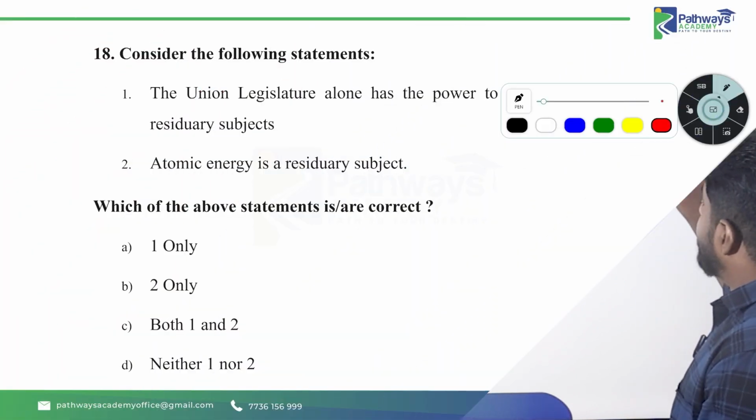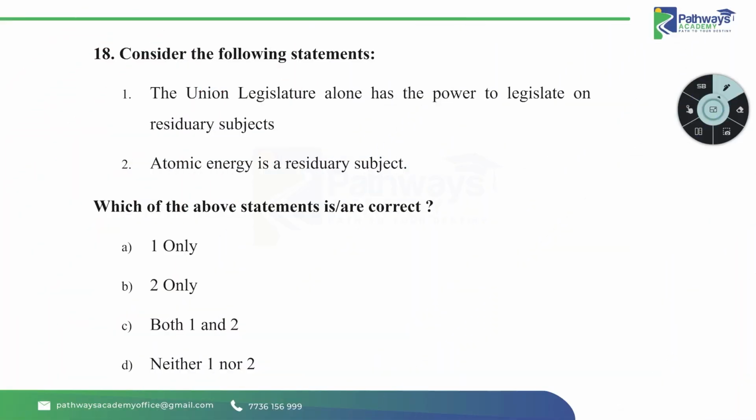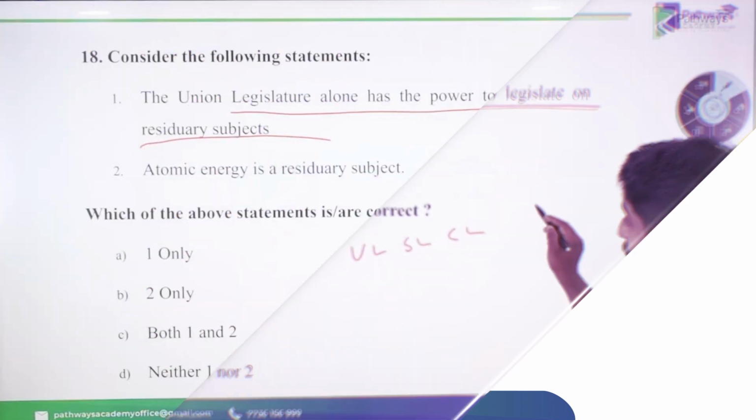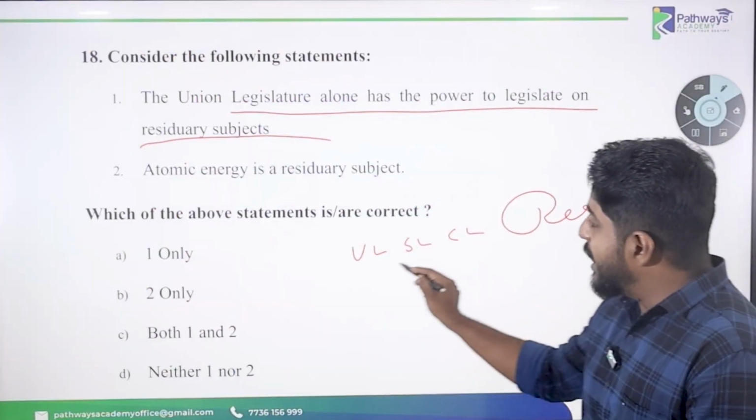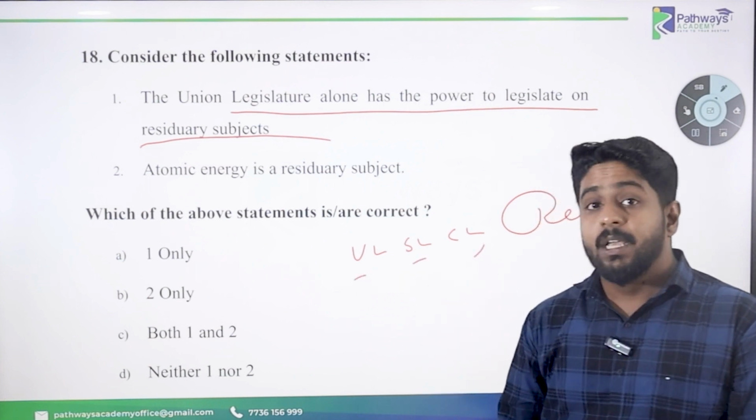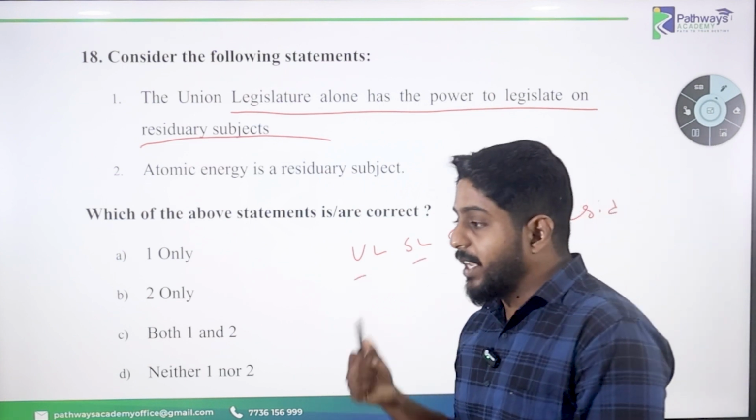The next question. Consider the following statements. The union legislature alone has the power to legislate on residuary subjects. What do you mean by residuary subjects? Sir, there is the union list, state list, and concurrent list, and there are other subjects which do not come under any of them, like, for example, cyber law.